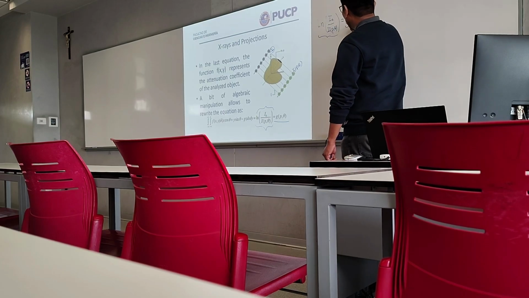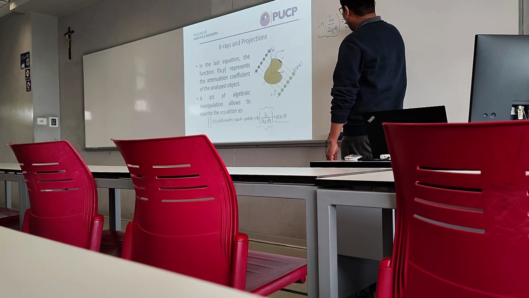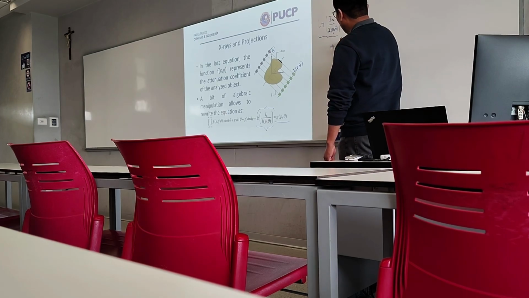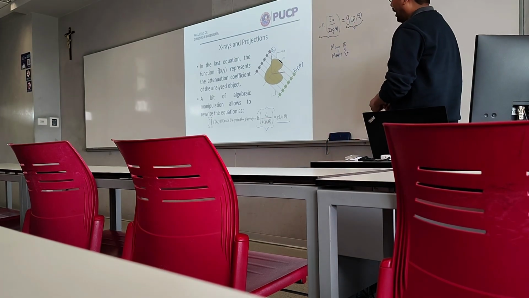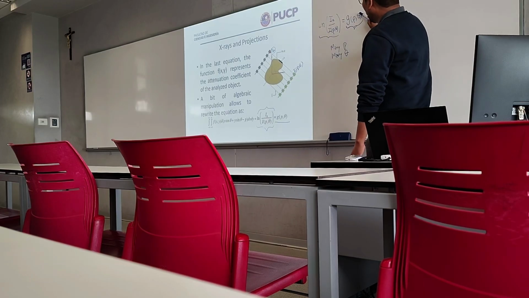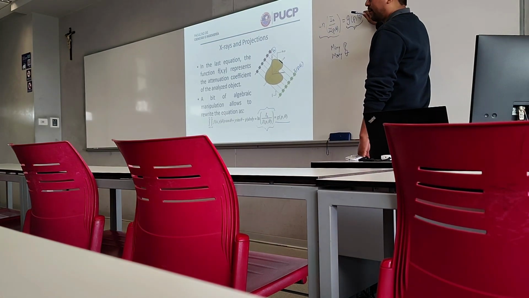And that will give us one sample of the Radon transform. And we need to repeat this for many values of P and many values of angle theta. That way we will have information about the full Radon transform map.